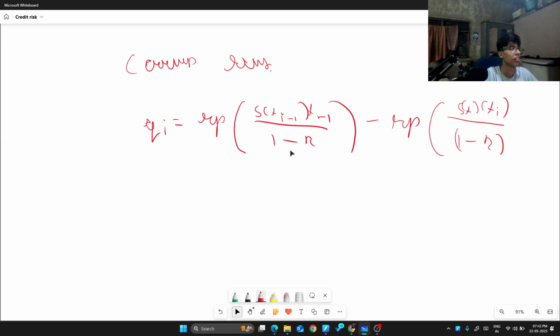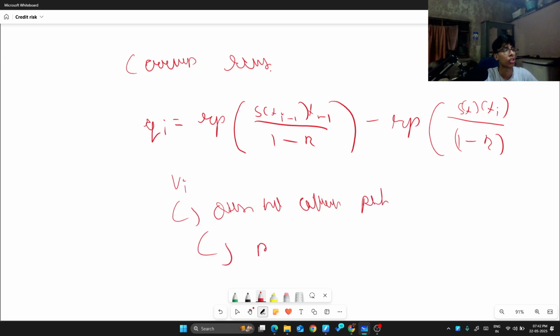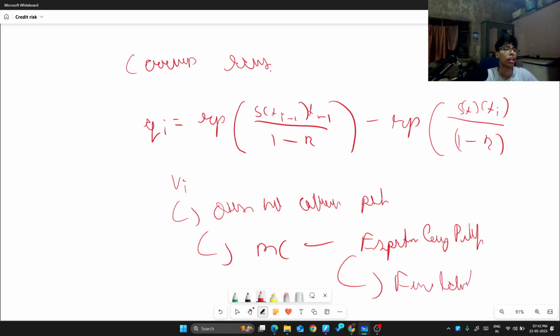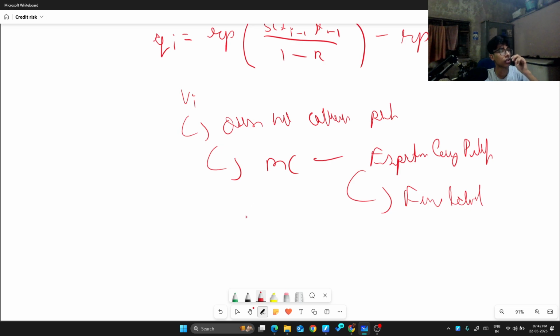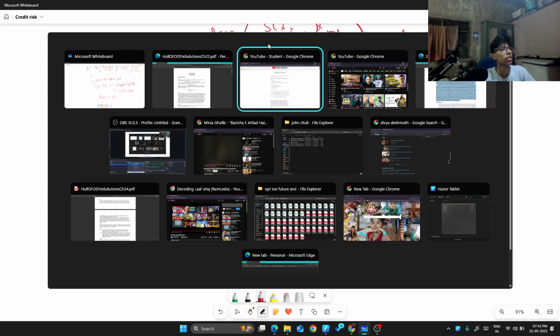Another approach to find V_i, the value of a transaction, is assuming no collateral is posted, and then performing Monte Carlo, finding the expectation over every scenario and then discounting it. In this way you can find the value of future cash flow and then the exposure.